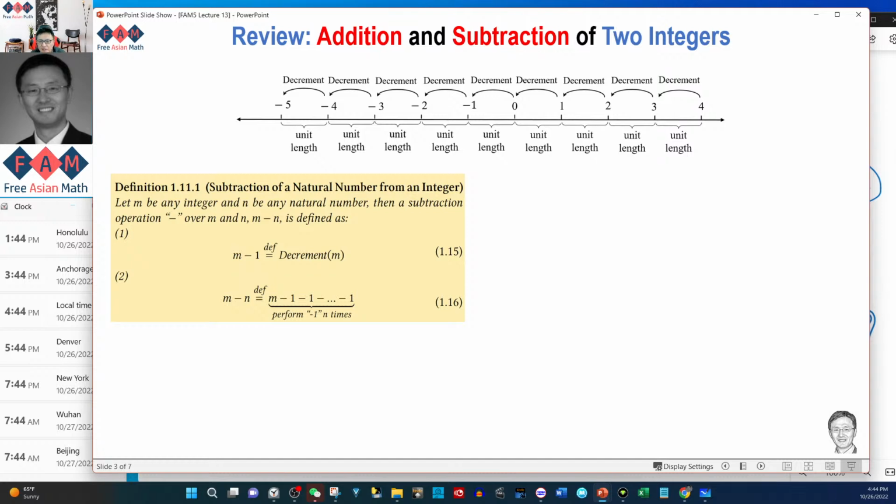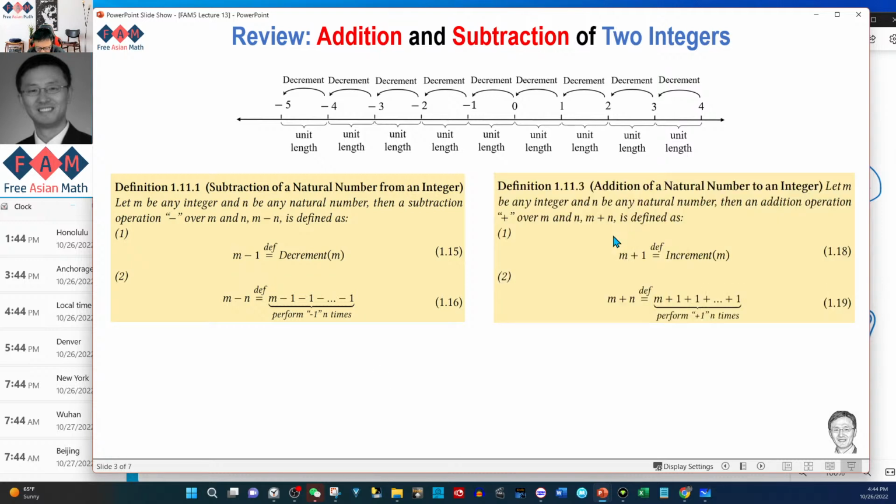We allow the first number to be any integer. That's how we started with Definition 1.11.1 and 1.11.3. In those two definitions, we allow the first number to be any integer, but the second number is still a natural number.